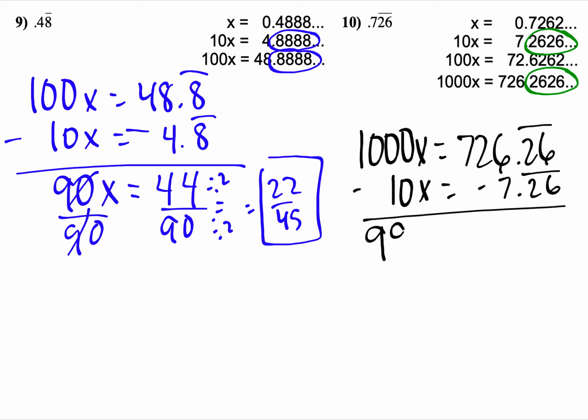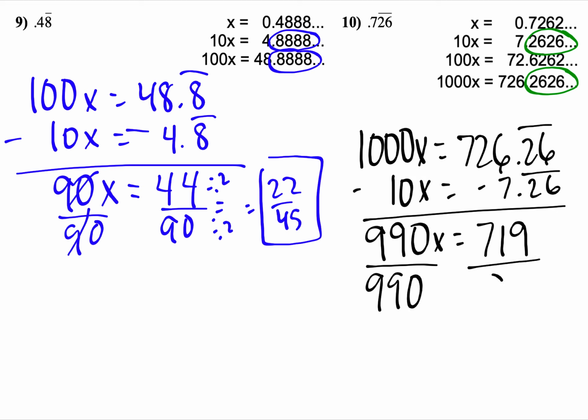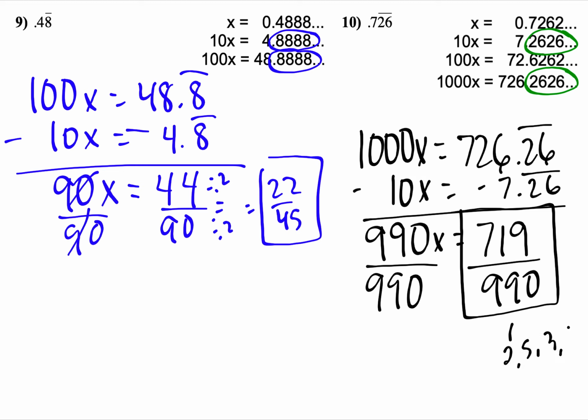This is 990x equals 719. 726 minus 7 will be 719. Divide both sides by 990. And 719 over 990 ends up not reducing, because 990 is just made up of 2 and 5 and 3 and 11. And none of those numbers actually go into 719. So it's not going to reduce.